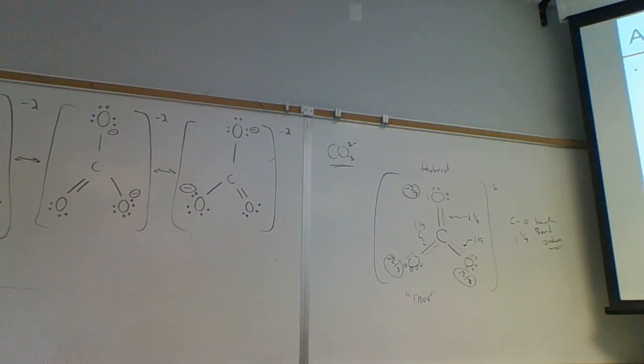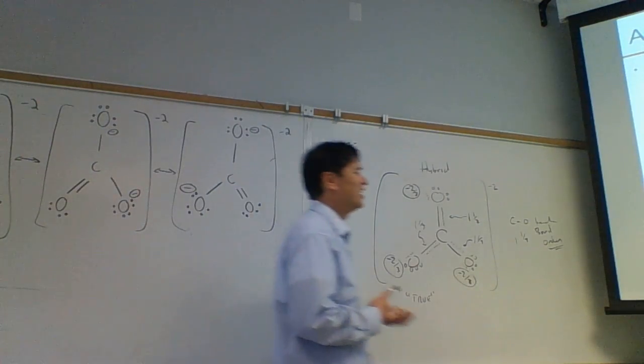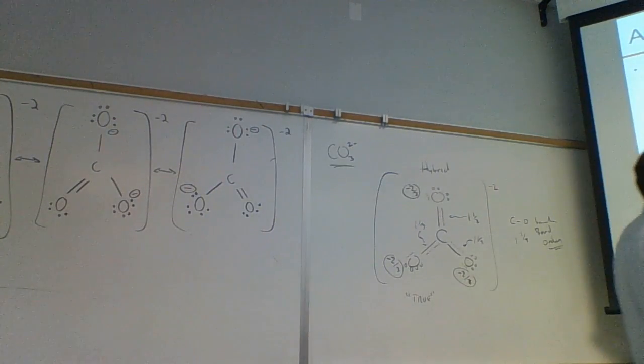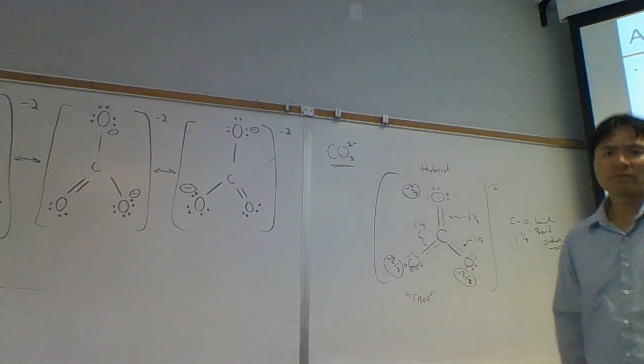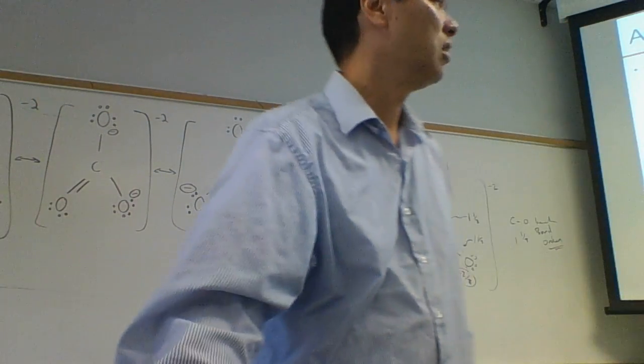All right, so if the question were, what are the Lewis structures for bicarbonate, or hydrogen carbonate? This is not complete. What's missing out of this? The charge, the formal charge on oxygen.